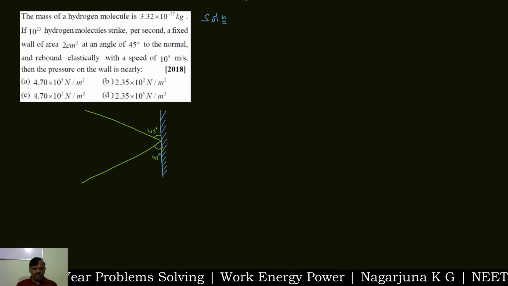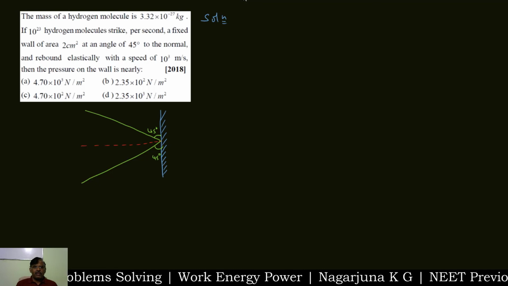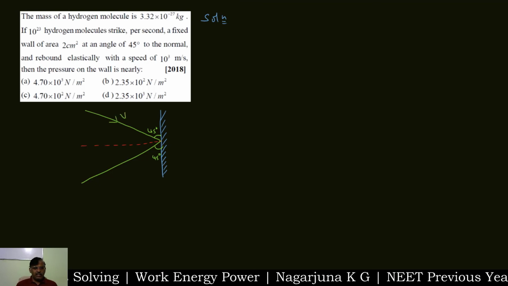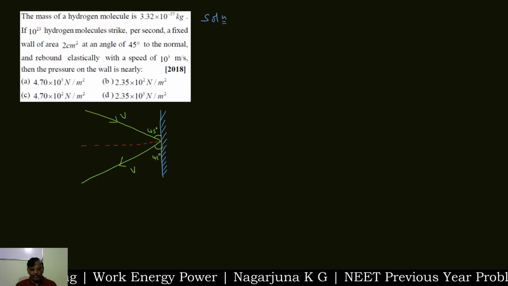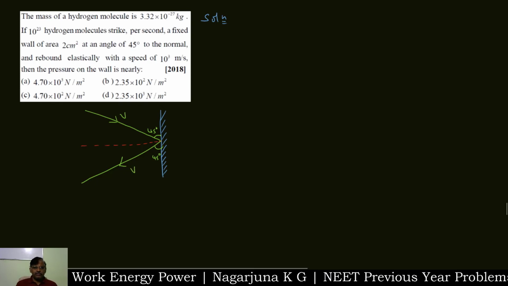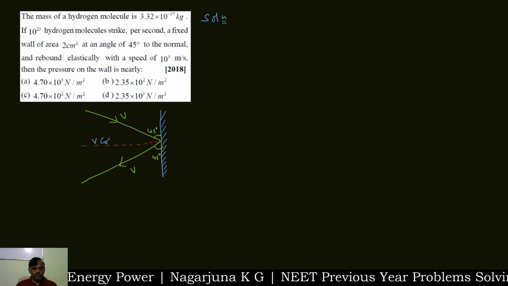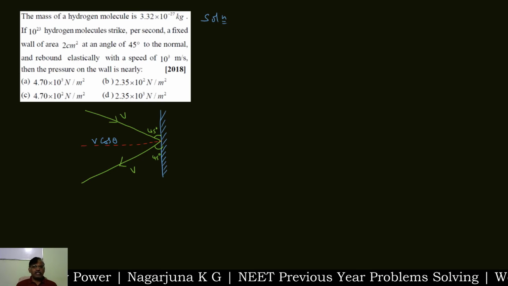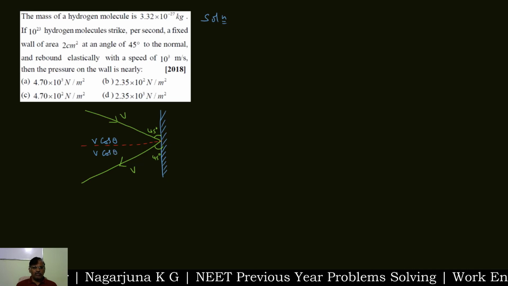And if we take a horizontal line here, let us assume that initial velocity is v, and after rebounding with the same angle, final velocity is also v. Here v can be resolved into components: horizontal component v cos theta of the incident velocity, and v cos theta horizontal component of rebound velocity.